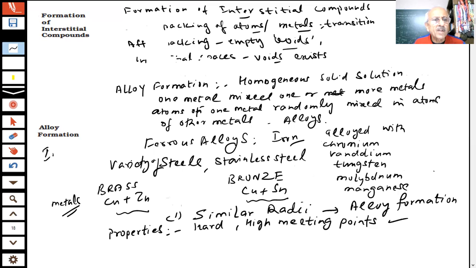What I have been talking about today is mainly the use of catalysts, the formation of complexes, interstitial compounds, and alloy formation. They are of great application in industries and everyday life. Students, this ends the main properties of the transition elements.